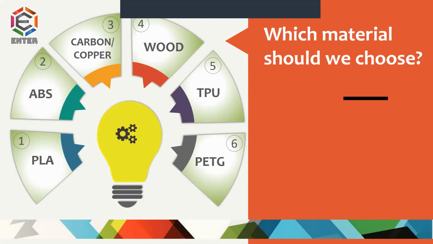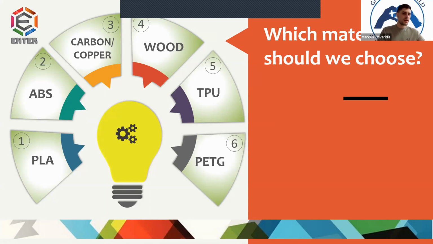You could do it, but the 3D printer has to be in an open space, preferably not inside your house. Should we use carbon or copper composite filament? We could, but for the first print, since we will fail a lot of times for sure, it's a pity to use such an expensive material.